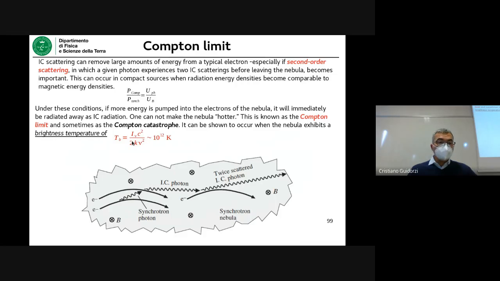I'm not going to prove this, but it is possible to see that this limit is matched by a corresponding maximum value for the brightness temperature. So in particular, if you consider the source in the optically thick regime, you can think of brightness temperature: just imagine you measure the intensity of the field, so you can associate immediately, by definition, the brightness temperature to the radiation coming out of this region.